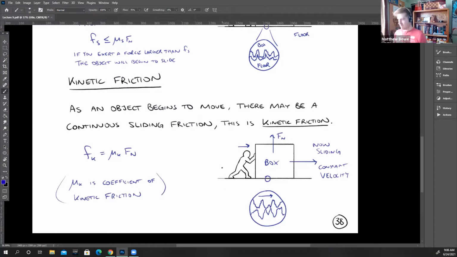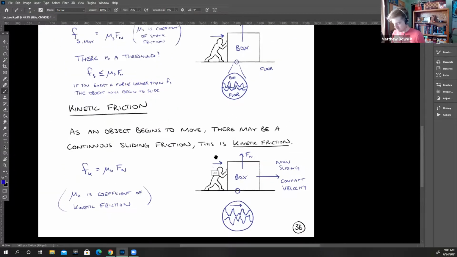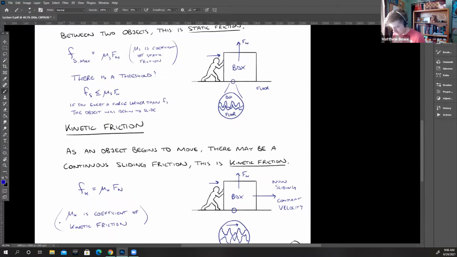These two values, coefficient of static friction and coefficient of kinetic friction, they are different. So one object can have a very high coefficient of static friction, but then a very low coefficient of kinetic friction. Typically, this is the trend with most objects.